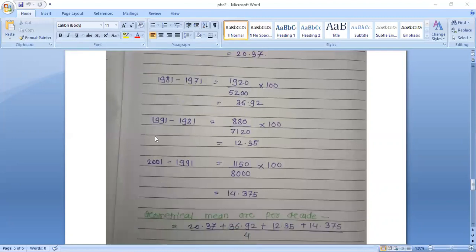Then for the years 1981 and 1991, we have to find out the value of R. The R is equal to the increase in population for 1991 and the population of 1981.